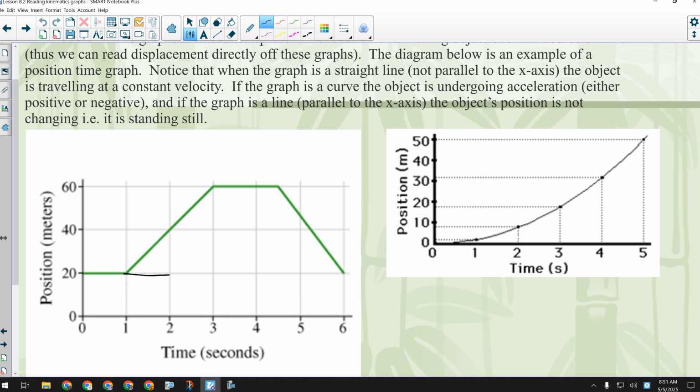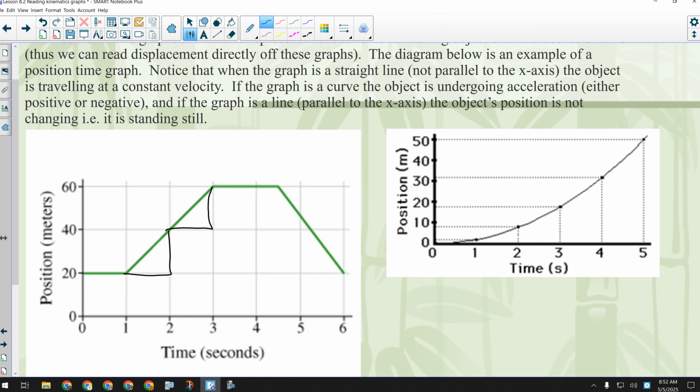Between 1 and 2 seconds, the object goes 20 meters. Between 2 and 3 seconds, the object also goes 20 meters. Is it going any faster? No, it's covering or changing its position by the same amount every second. That's what velocity is. Velocity is an object's rate of change of position.